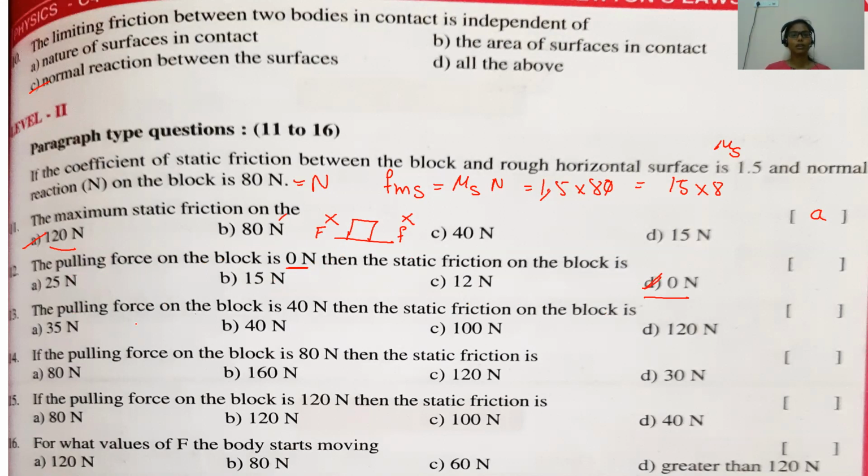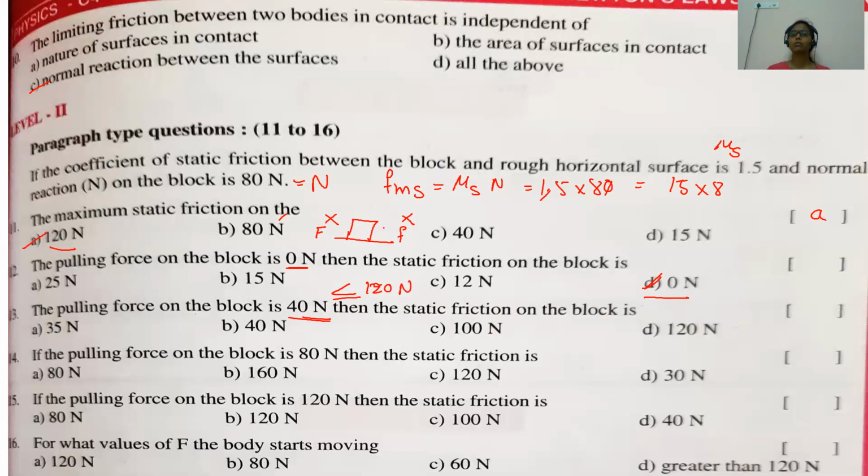Next, a pulling force of 40 newtons is applied on the block. Then what is the static friction on the block? One thing you need to understand here: you need to check whether the applied force is greater or less than the maximum static friction. The applied force of 40 newtons is less than 120 newtons, which is the maximum static friction.